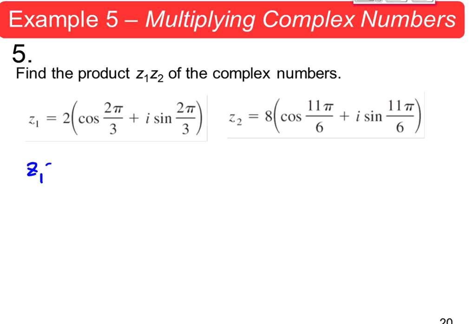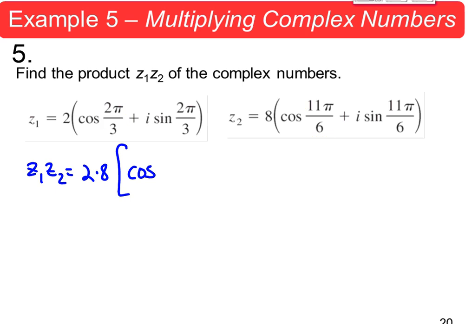So z1, z2 is going to equal the product of the modulus of each of those. That's going to be 2 times 8. And then it's going to be the cosine of the sum of the arguments.